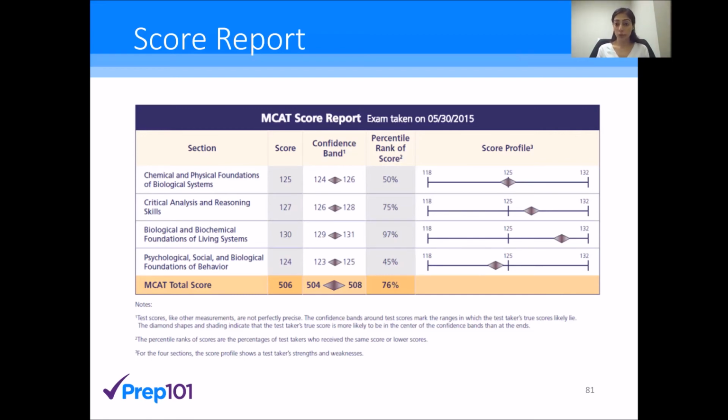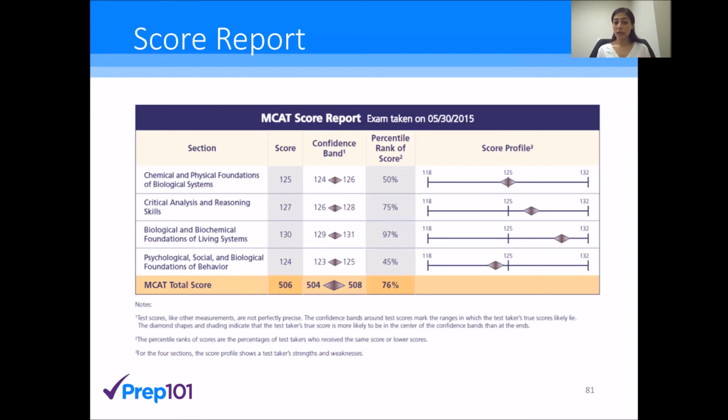Perhaps the room temperature wasn't ideal. Perhaps the screen wasn't ideal. Perhaps you were very tired when you took the test. What the confidence band serves to do is use an algorithm to show and indicate what scores you could have achieved in various situations. So it's more able to reflect your true test-taking ability or your true scores.